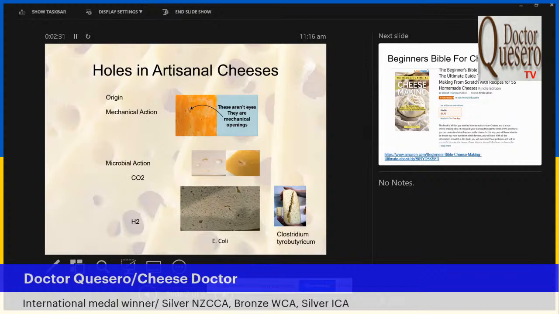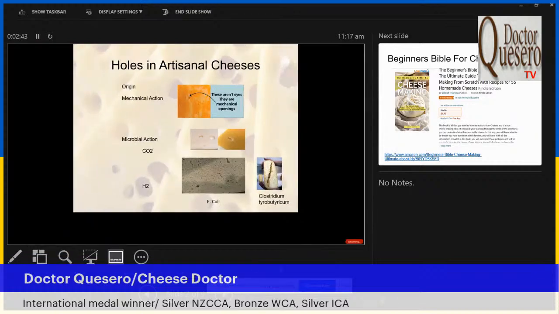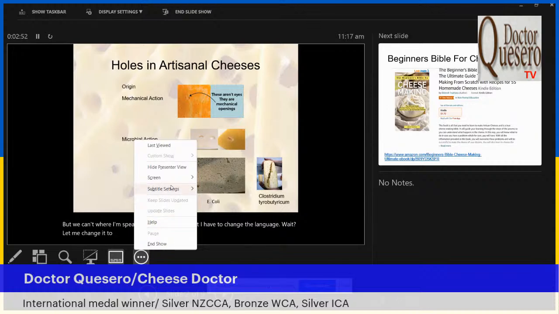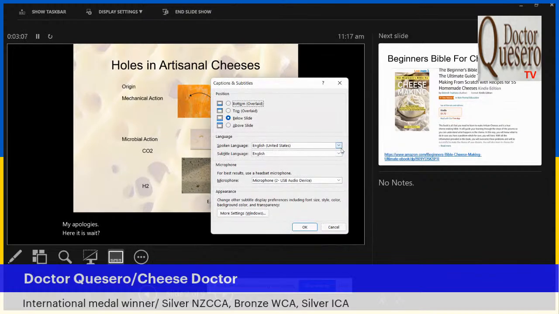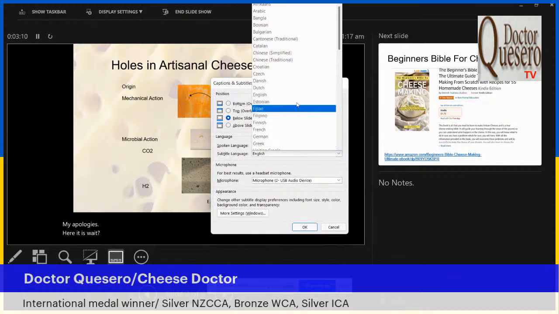In the first one, as I said, it was mechanical, but by the way, I forgot to caption the presentation. Let me caption the presentation first. What I'm speaking now is going to be captioned, but I have to change the language. Wait, let me change it to Spanish so you can understand.